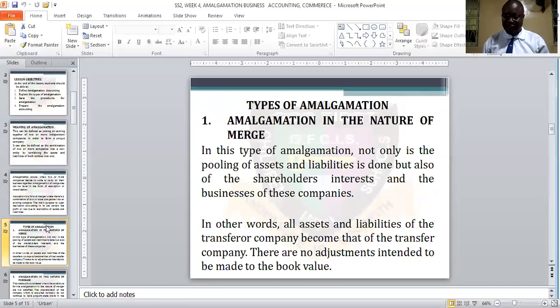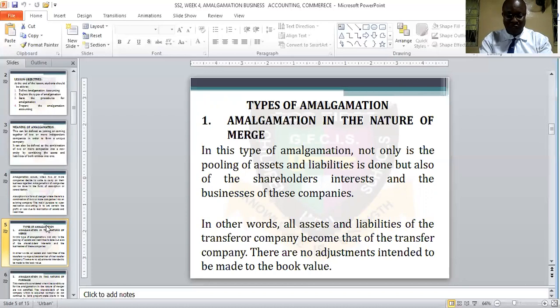But liabilities are the obligations or indebtedness of the company that the company wants to pay to outsiders. And this is done when the shareholders' interest and the business of the companies are combined together.